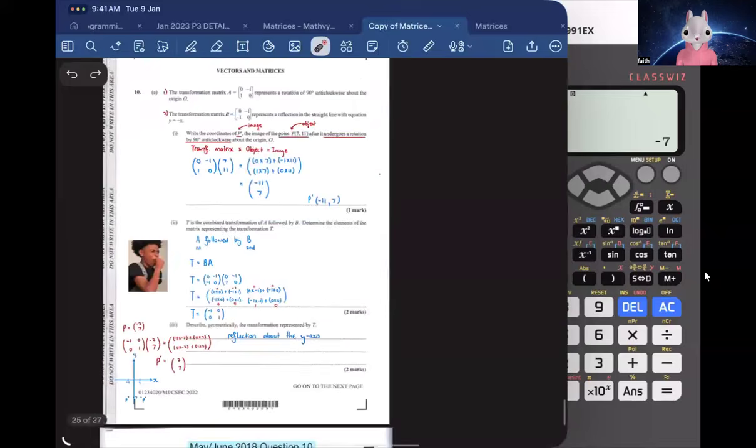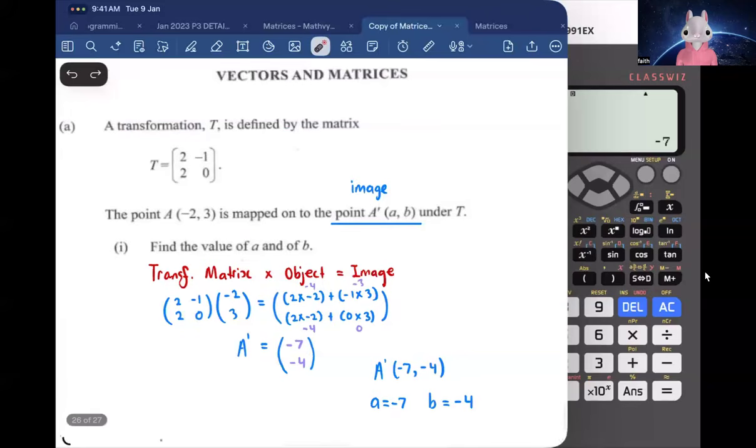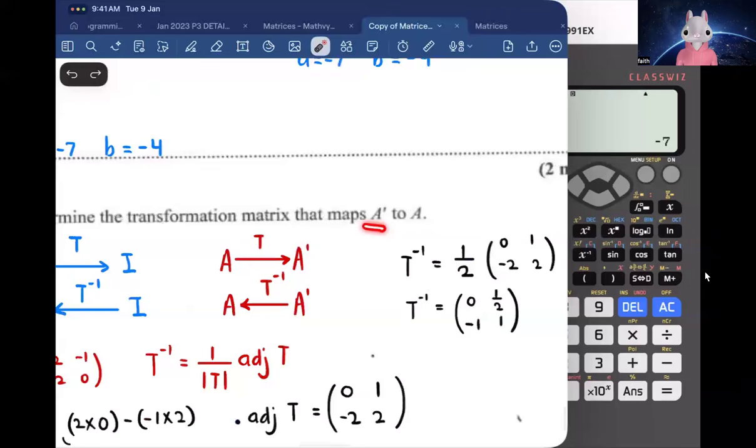It's not that it gives me a hard time, but I have trouble identifying which one to use. I understand when I see prime it means image, but what if they mean object? What should I be looking for in the sentence? So you're asking what you need to look for to find the object. In this question, they said A prime to E, so image to object.